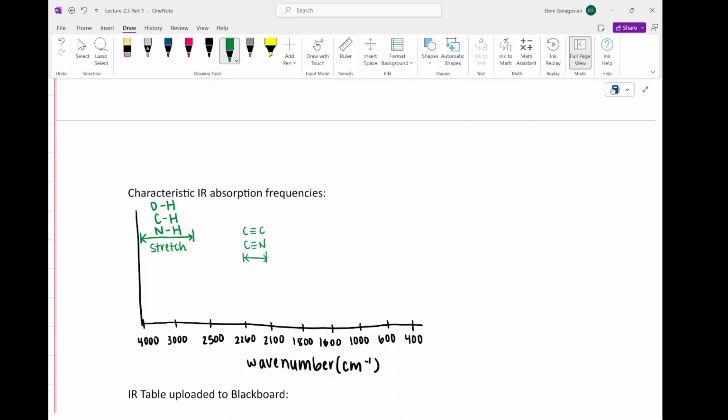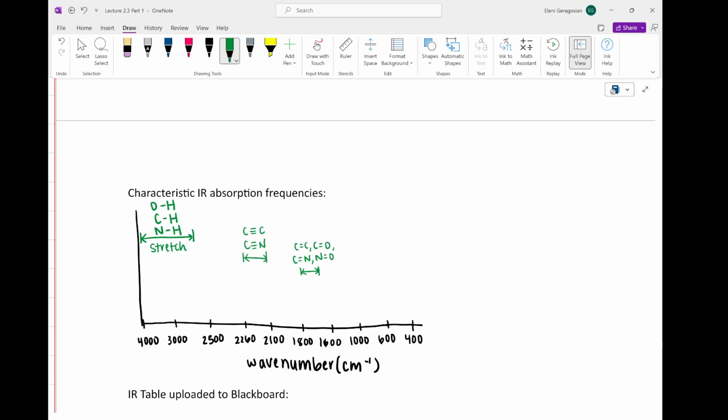In 1800 to about 1400, which I didn't label, so we'll just make this one small. These are double bonds, so carbon to carbon double bond, carbon to oxygen double bond, carbon to nitrogen, or nitrogen to oxygen.